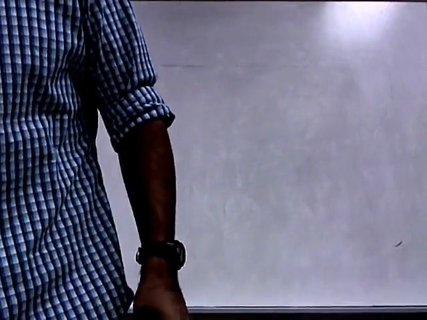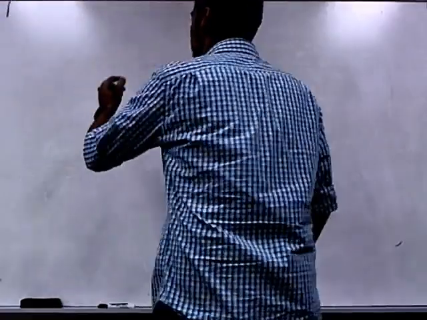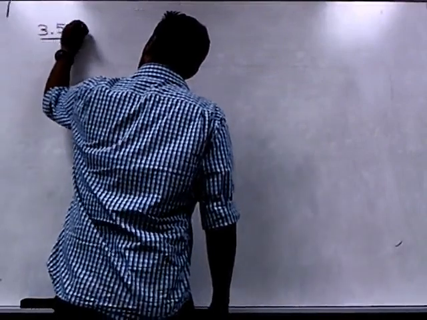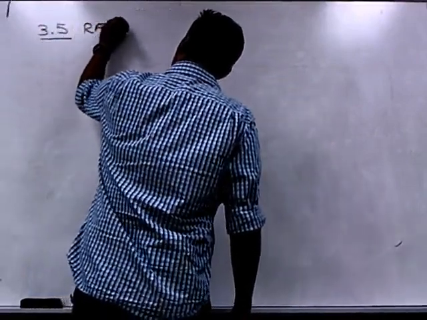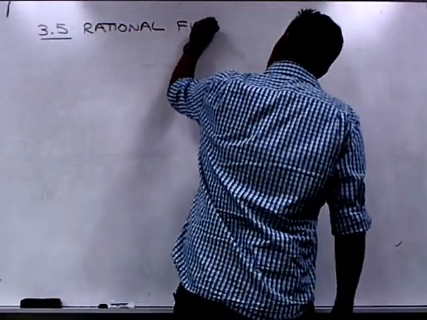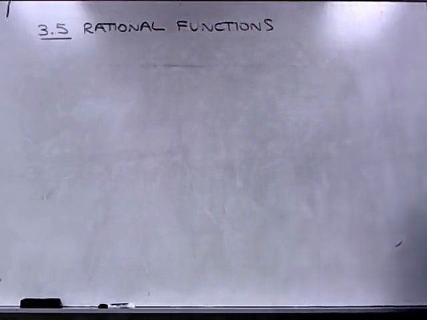All right, so now we're going to move to 3.5. In my experience with teaching this course, these are the most difficult functions to graph, because there's a lot going on when you start talking about rational functions.